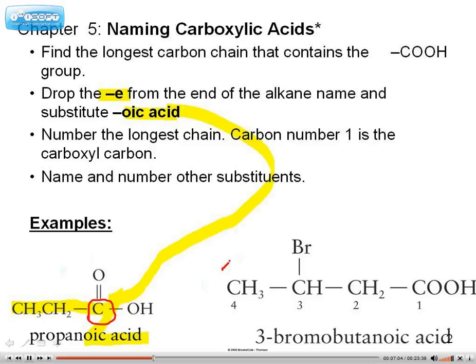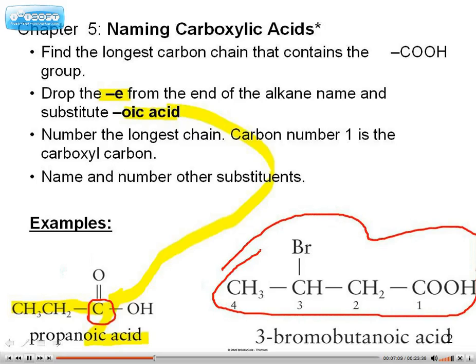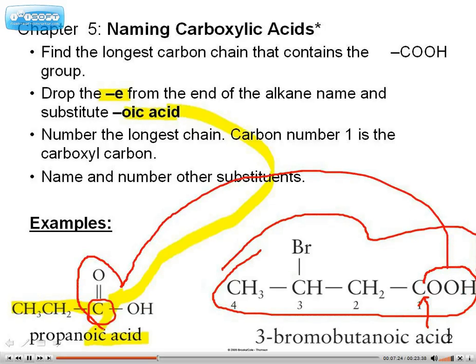If we look over to the right-hand side, we have an example of 3-bromobutanoic acid. Notice they went ahead and on the N carbon, if you see a COOH, it's automatically implied to look like the example on the left.